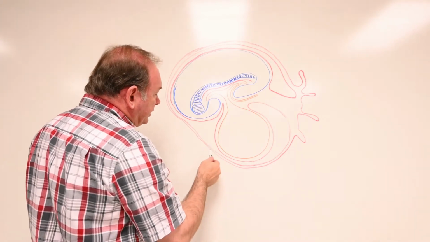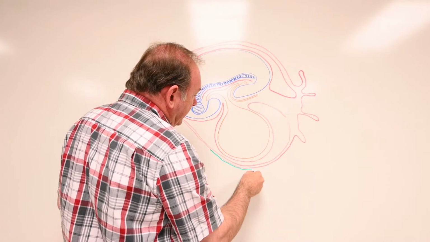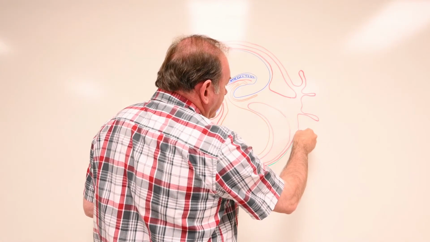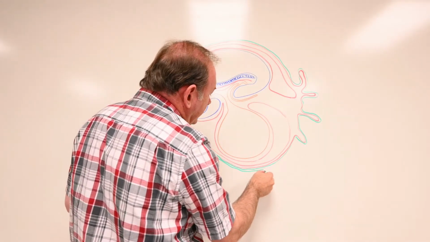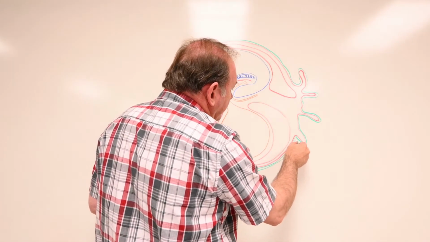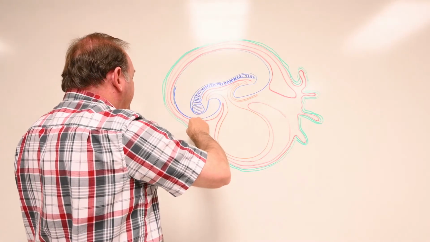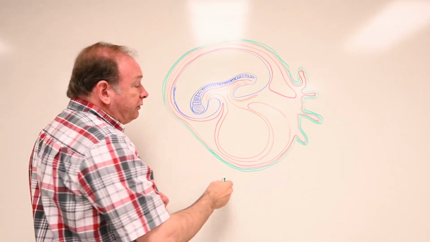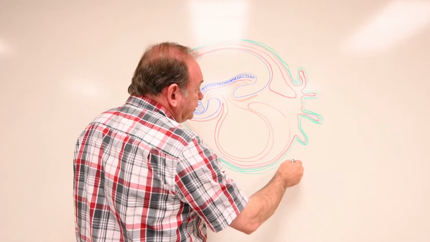Adjacent to that is where we have our cytotrophoblast layer. And then outside of that will be our syncytiotrophoblasts, so another layer of syncytial cells.